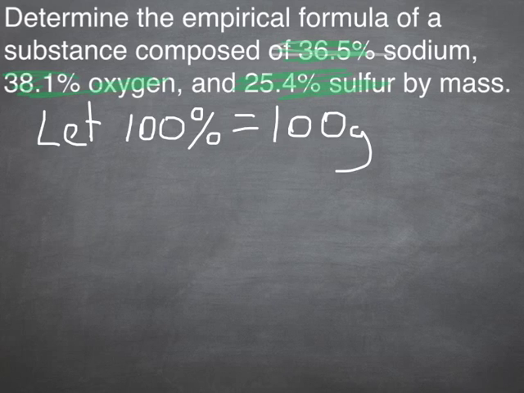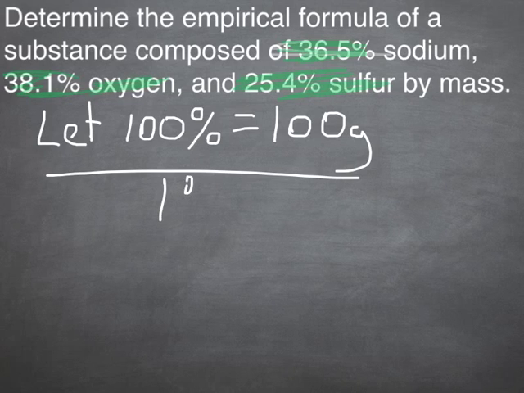Mathematically speaking, the easiest way to get a number of grams is to let 100% equal 100 grams. I could let 100% equal 10 grams, but it wouldn't be as easy. I could let 100% equal 50 grams. It doesn't matter, but this is easy, and that's why we do it, because that way 1% equals 1 gram.